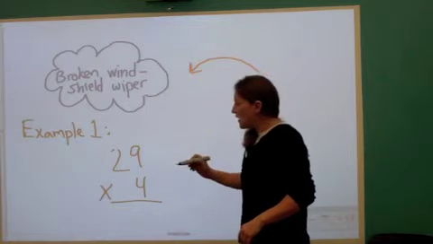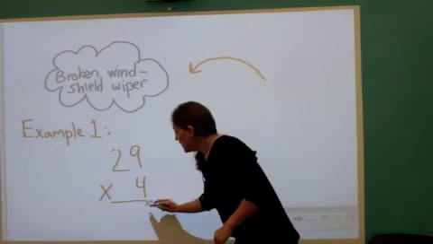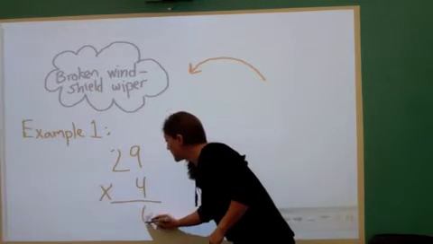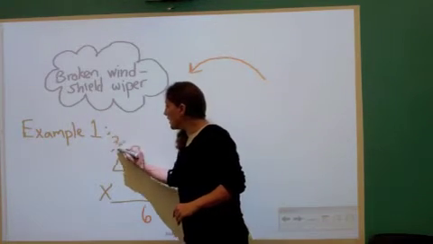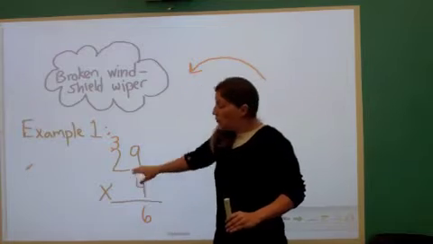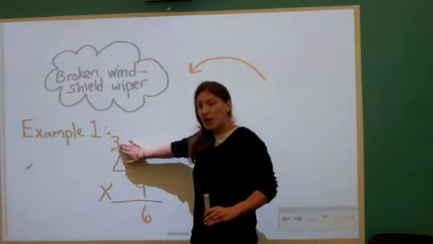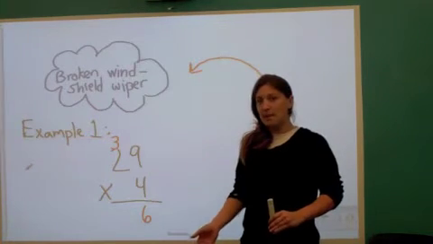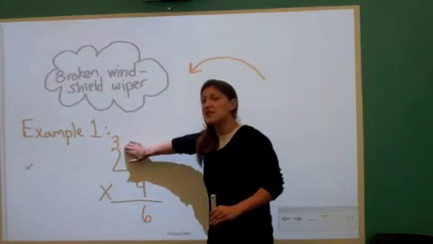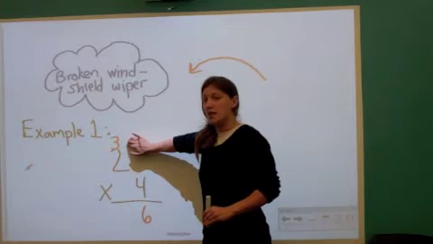When I write 36, it really means that I have 6 ones and 3 tens. So I'm going to write that down. Now I put the 3 up top in the tens place because it represents 3 tens. Don't forget about that 3. That 3 is going to be very important in just a minute.